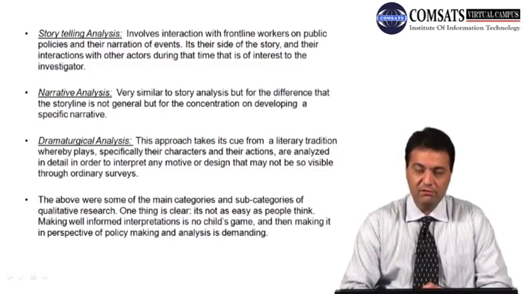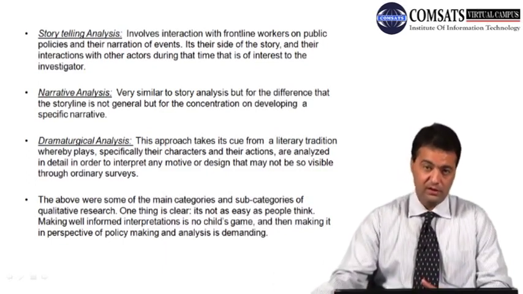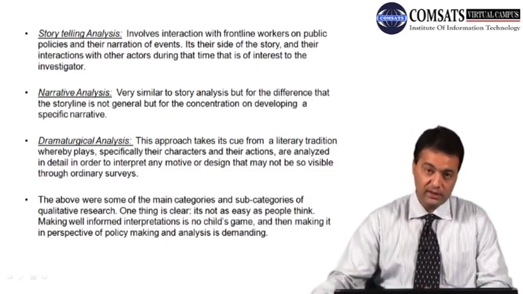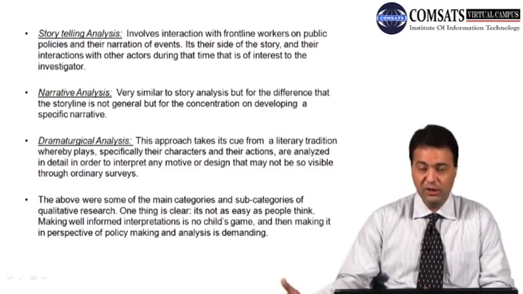You have to weave a narrative, you have to come up with a story, you have to listen to the story of the others, those who are at the forefront, those who are there in the project, who are working there, who have experienced it.